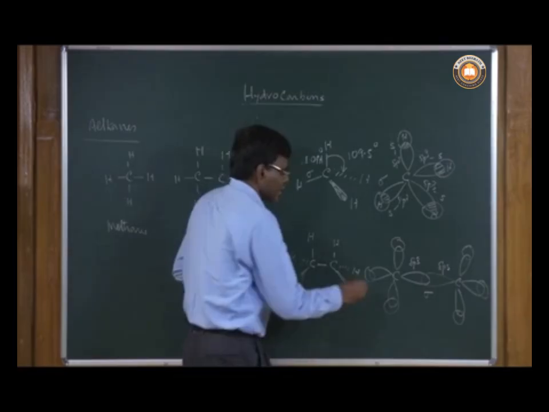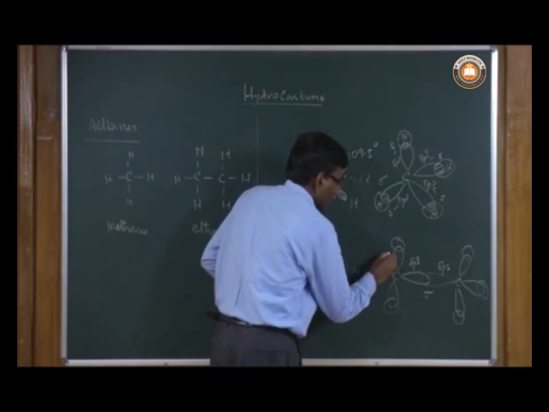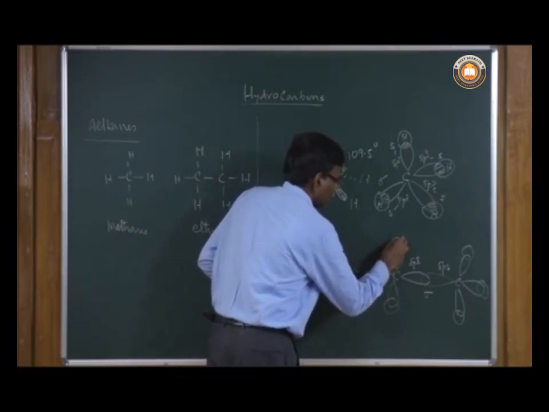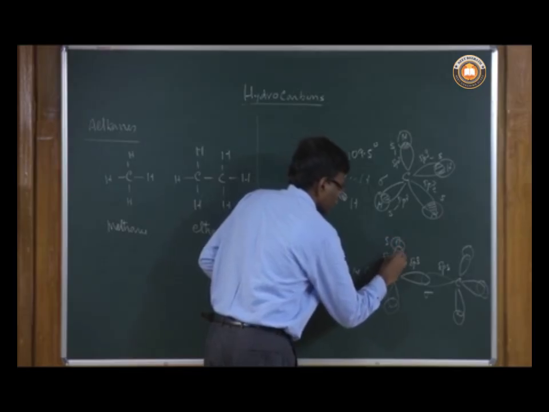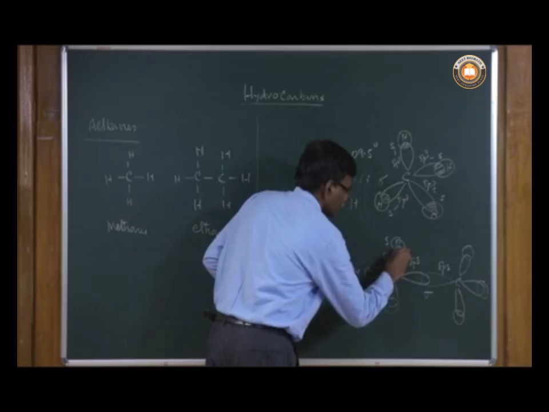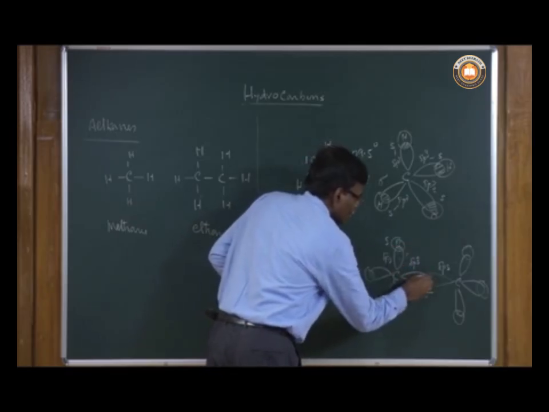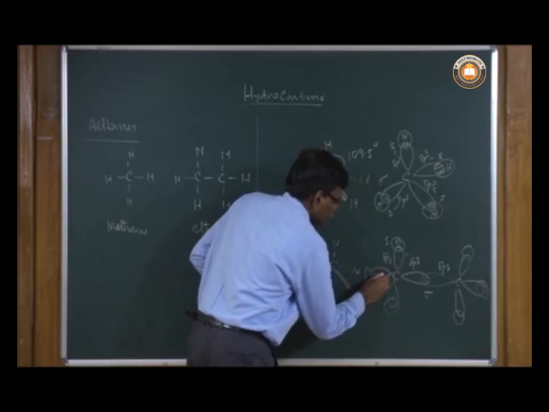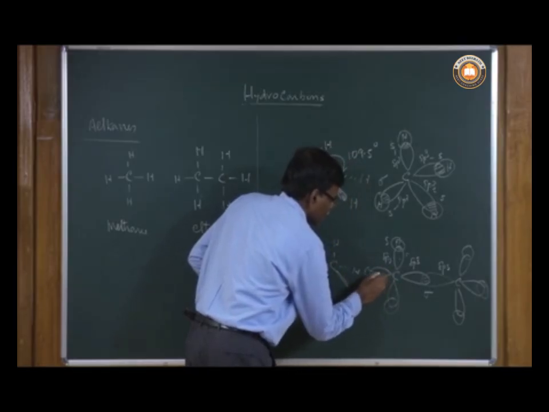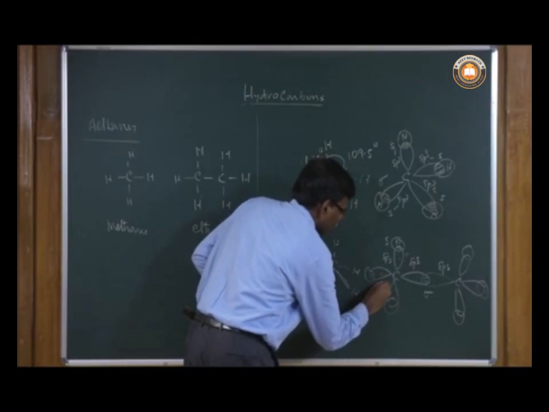In addition to that, one of the sp3 hybrid orbitals of this carbon overlaps with the hydrogen s orbital, making another sigma bond. Similarly, overlapping of this carbon's sp3 hybrid orbital with this hydrogen makes another sigma bond.